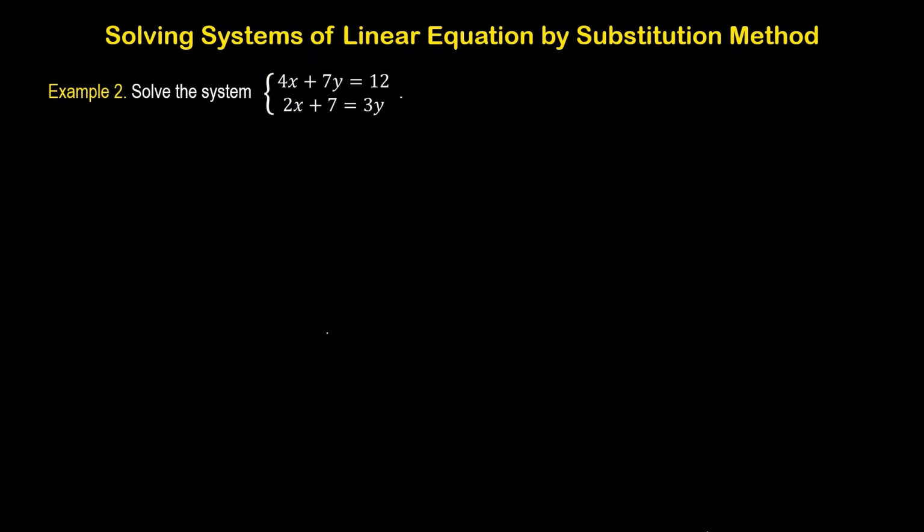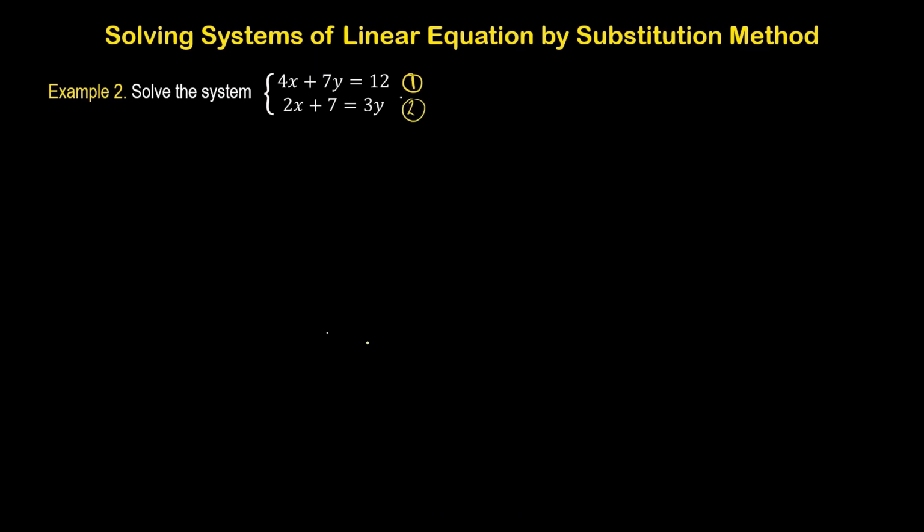So dito, we solve the system 4x plus 7y is equal to 12. Then 2x plus 7 is equal to 3y. Now again, ang first nating gagawin is to label our, i-label muna natin yung ating given system. So dito, ito yung ating first equation and ito naman yung ating second equation.